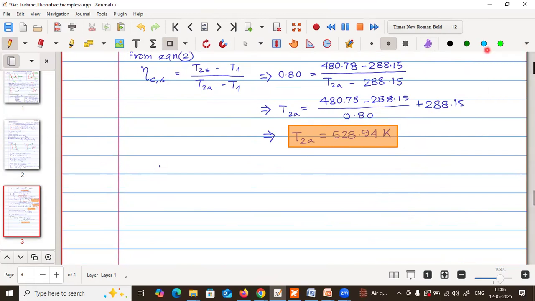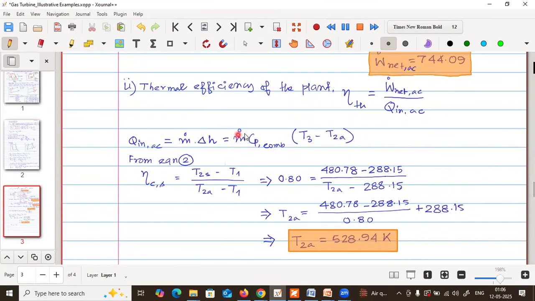So therefore Q in actual is equal to mass flow rate 16 multiplied by Cp for combustion, how much is it given?